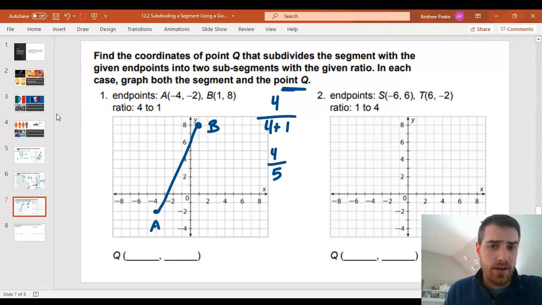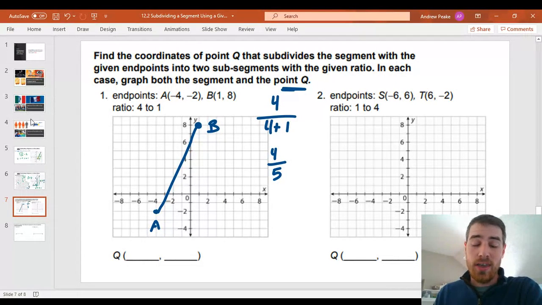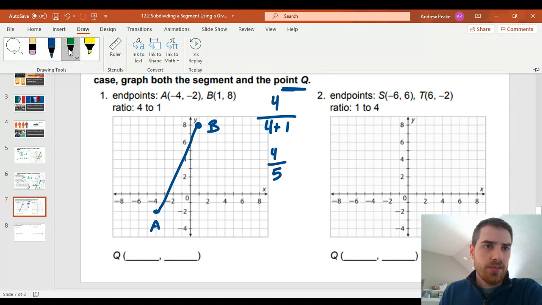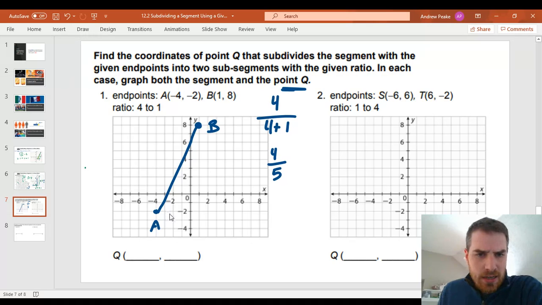So what I'm going to do here is find how far over the slope is from A to B, and then multiply each one of those X and Y by 4/5 to figure out how far we go. So my rise, I go from -2 to 8, which is 10.